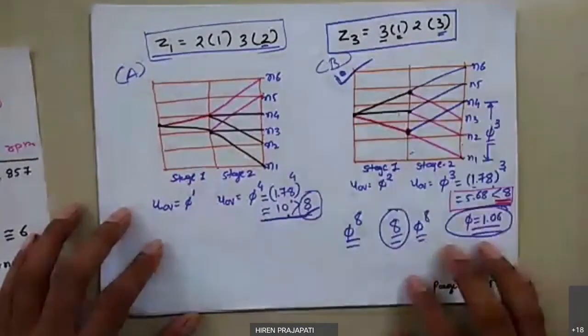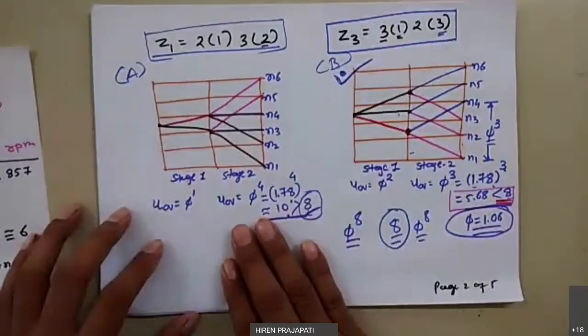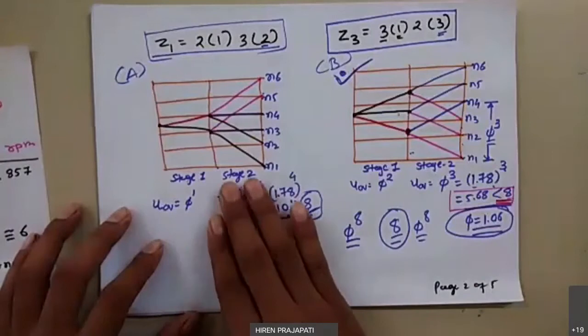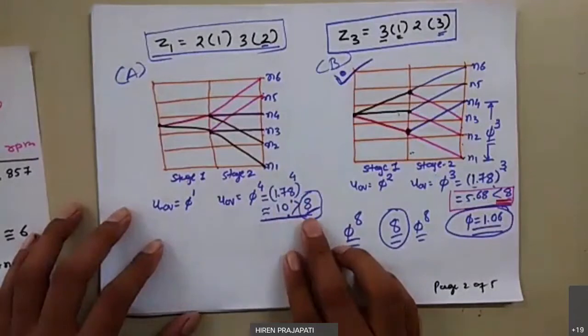Then we saw that in structure diagram A, the overall transmission ratio of phase 2 is approximately 10, which is greater than 8. As per the guidelines, we cannot go beyond an overall transmission ratio of 8.